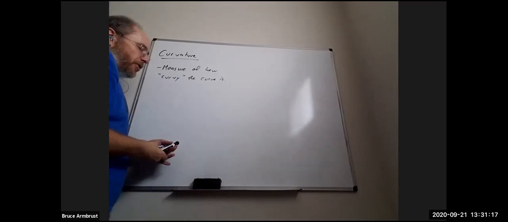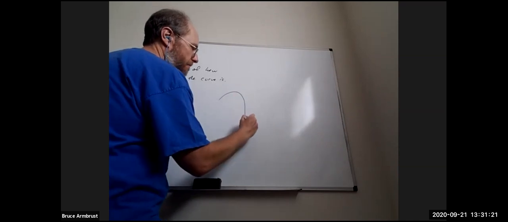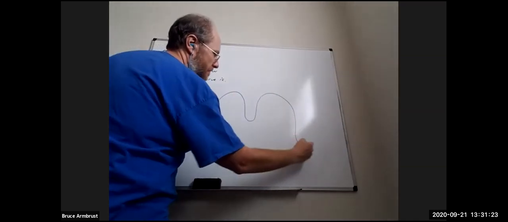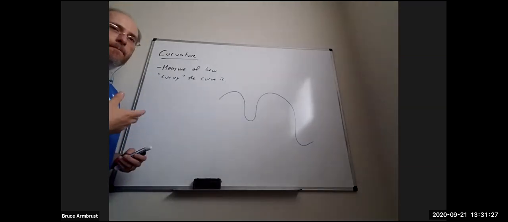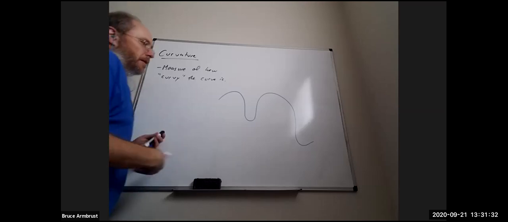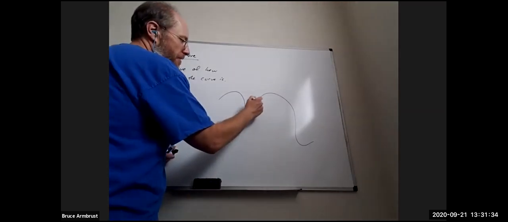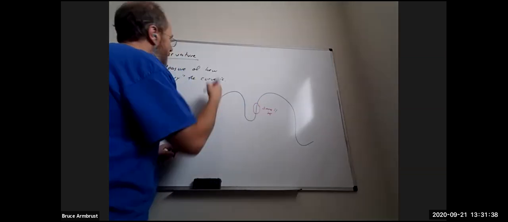Let me draw a picture of a curve, and we'll talk about places where it's more curvy than others. All right, so here's an example of a curve. Now, there are some places where it has really small curvature. So places like in here have a small k.